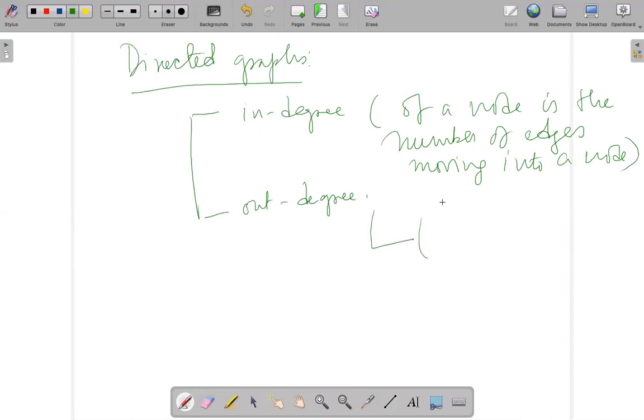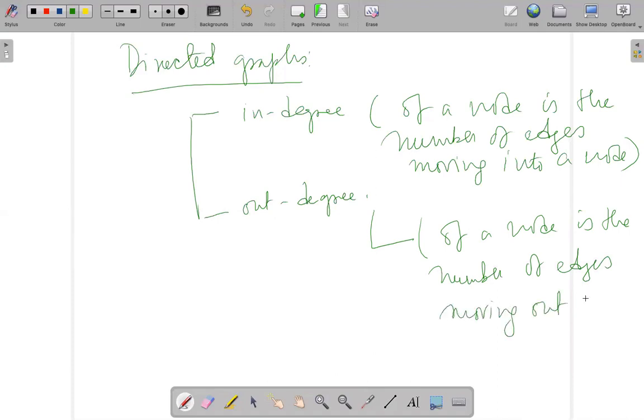Out degree of a node is the number of edges moving out of a node. Okay. Sometimes we will denote this as degree minus and degree plus.